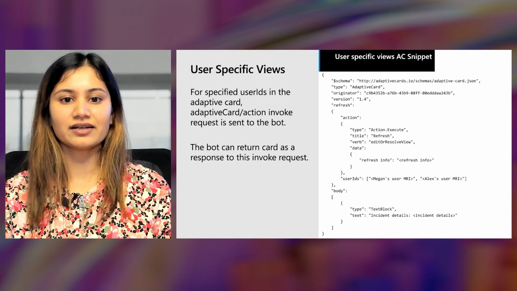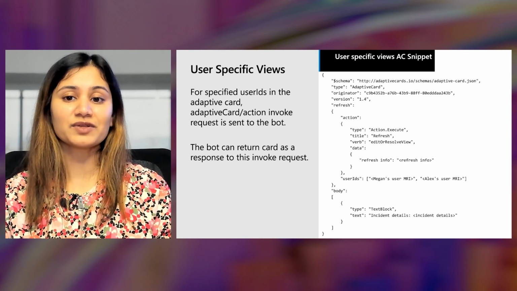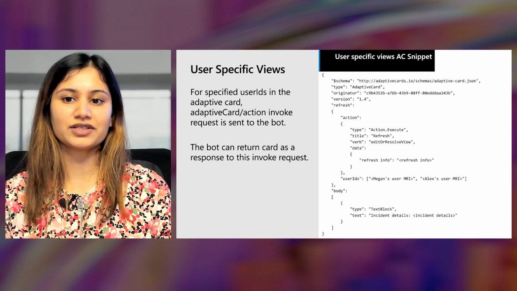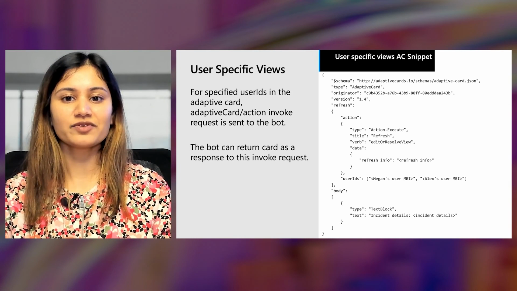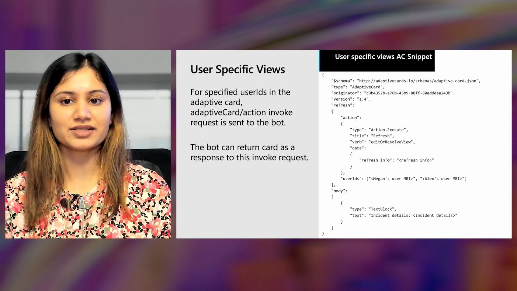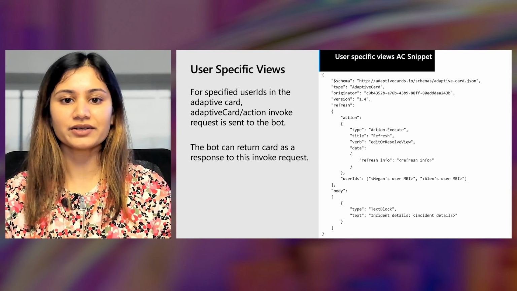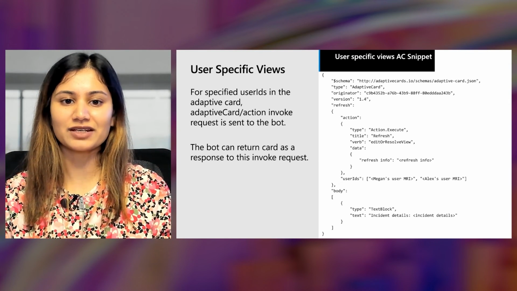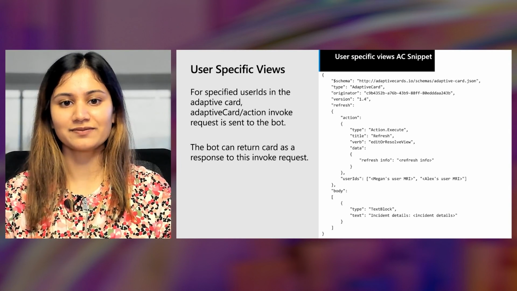The same card can now refresh to a user-specific adaptive card. A maximum of 60 different users can see a different version of the card with additional information or actions. The adaptive card provides powerful scenarios like approvals, poll creator controls, ticketing, incident management, and project management cards.